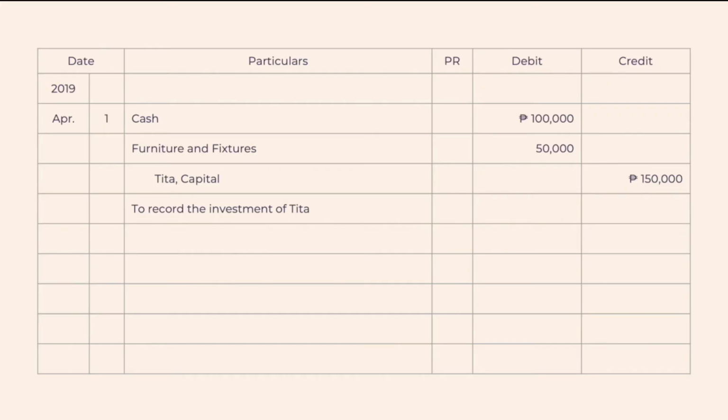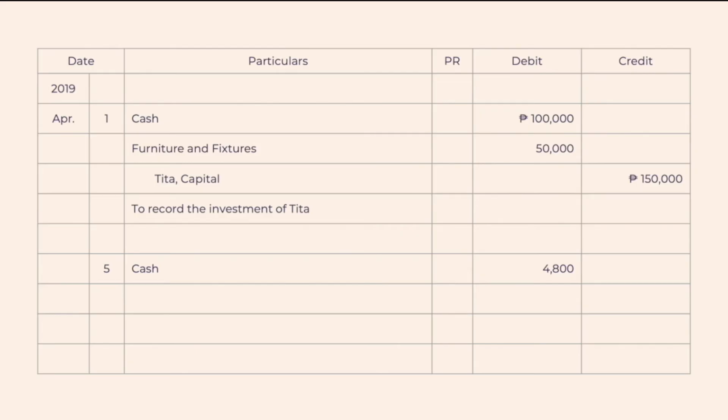As simple as that. Now, let's proceed sa second financial transaction natin, which is yung 12 customers na dumating for a manicure service. So, on April 5, we have here cash na tanggap natin from the customers. Total of 4,800 dahil 400 pesos each customers. So, 12 times 400 pesos is 4,800.